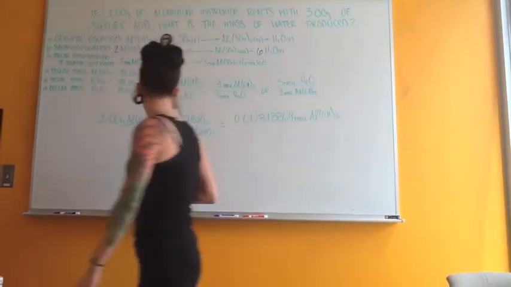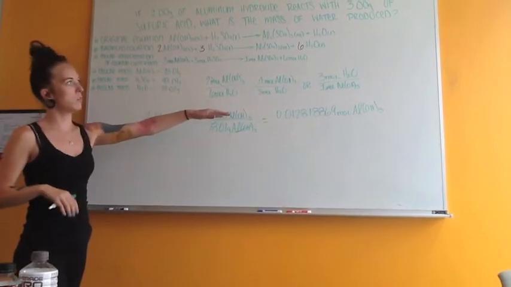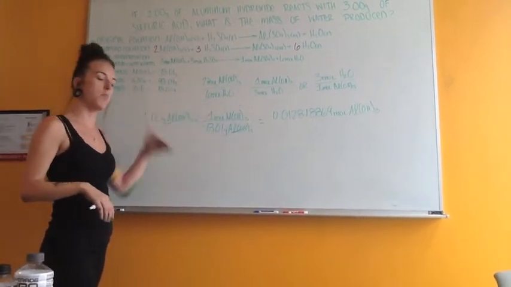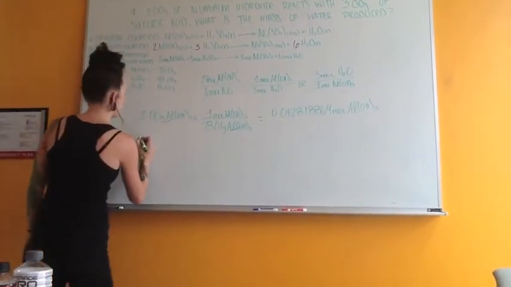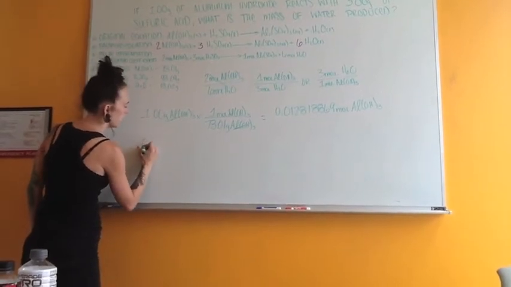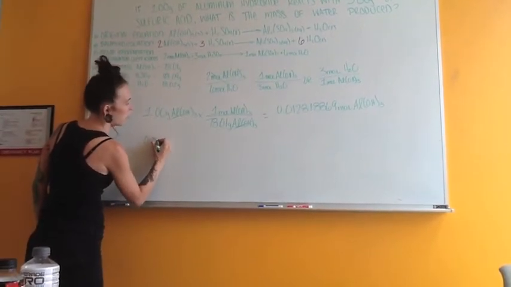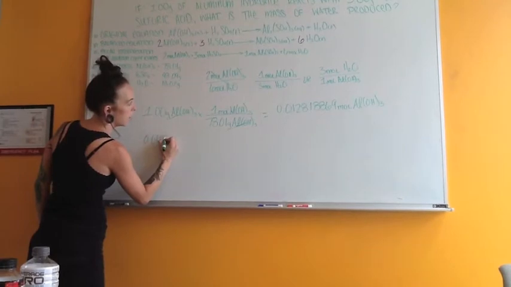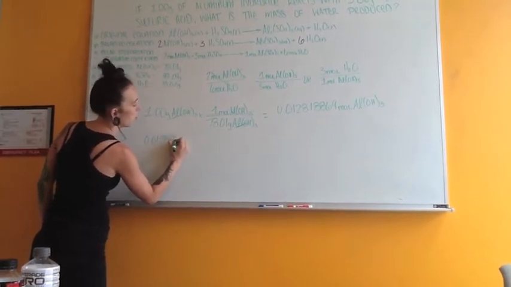So now we are going to want to take our moles of aluminum hydroxide to get moles of water. So we'll take our resulting factor and just make sure that you did not round that number between calculations, because you will get your answer wrong.